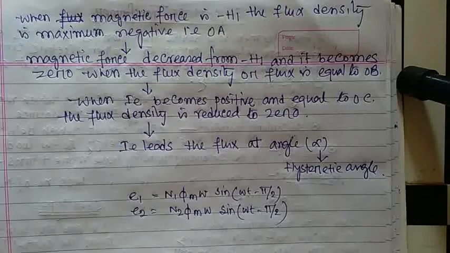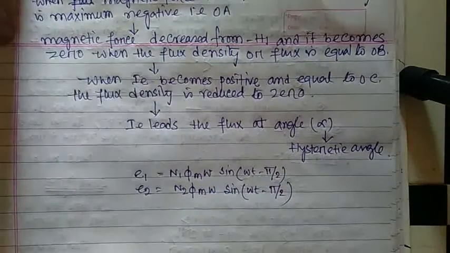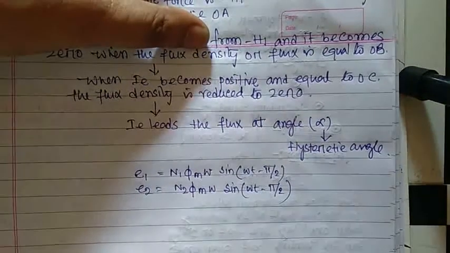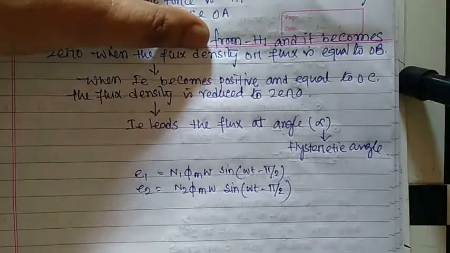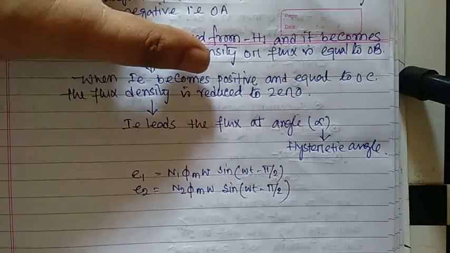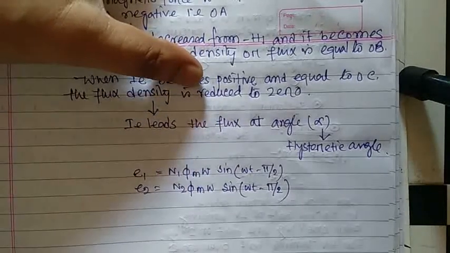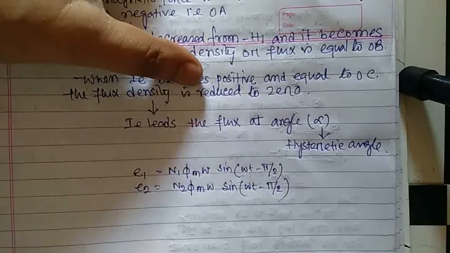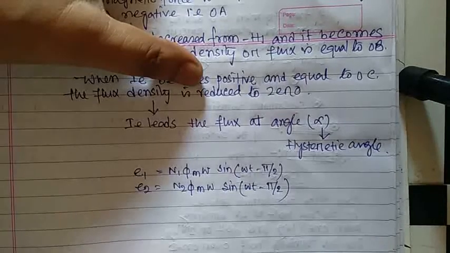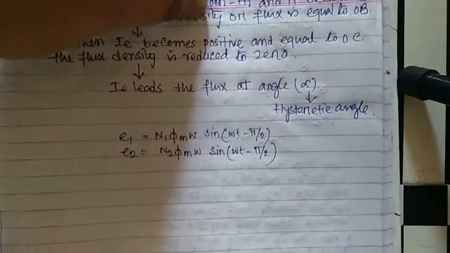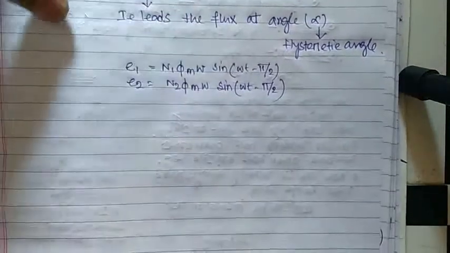From these two equations we can simply say that the induced EMF E1 or E2 in the primary and secondary winding lags the flux by an angle of 90 degrees if we take flux as the reference.